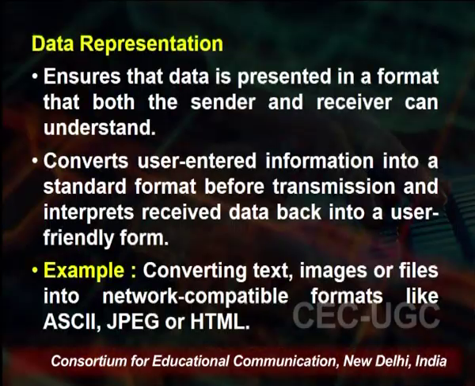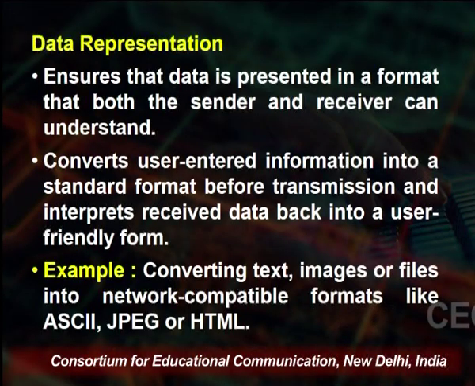The application layer performs several functions to ensure smooth communication between the applications and the system. First in the queue is data representation. The application layer ensures that the data is presented in a format that both the sender and the receiver can understand.